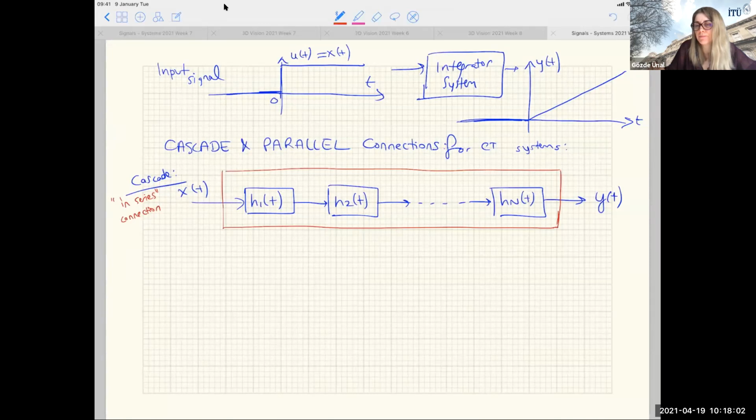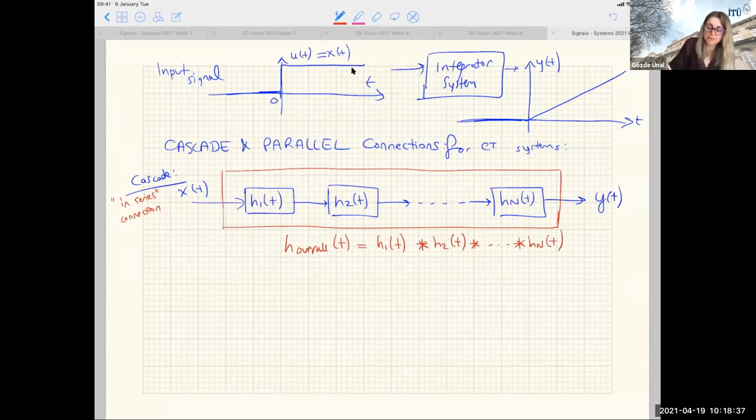Remember from discrete time, h overall of t is h1 convolved with h2, convolved with n of these, or however many. It's the convolution of all the impulse responses. You can show this actually. And you can also show, guys, these orders are exchangeable, due to commutativity and associativity.